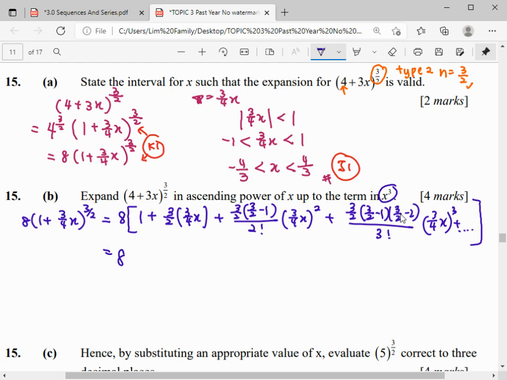Then we'll use the calculator to help us find out what the value is for this, what the value is for this.